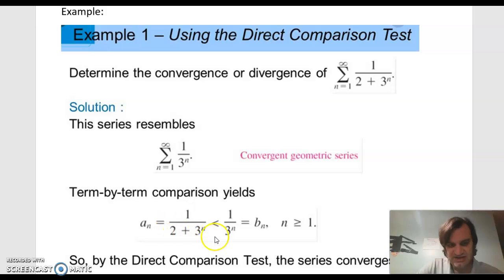So A is actually smaller than B. You could also cross multiply. You would get 3 to the n is less than 3 to the n plus 2. So that plus 2 would actually make that bigger. So it still holds. So we can say that because B, which was the geometric series 1 over 3 to the n, converged, and our series is smaller, our series converges.